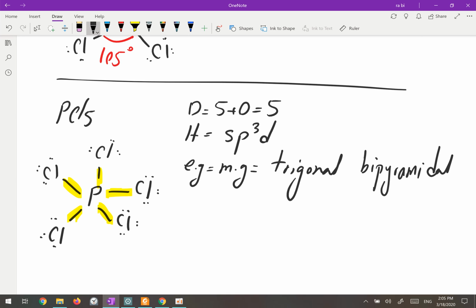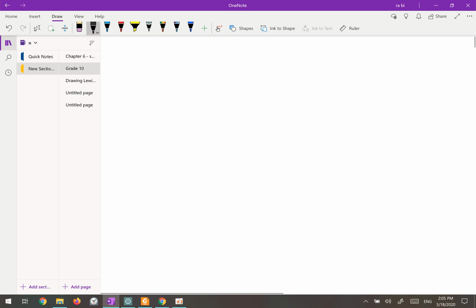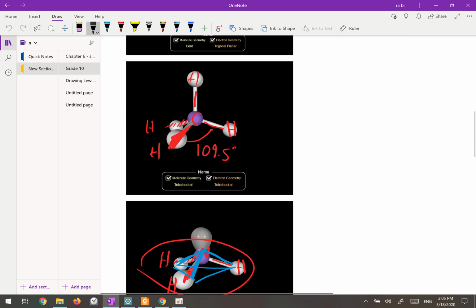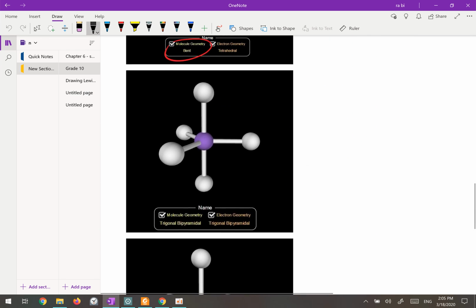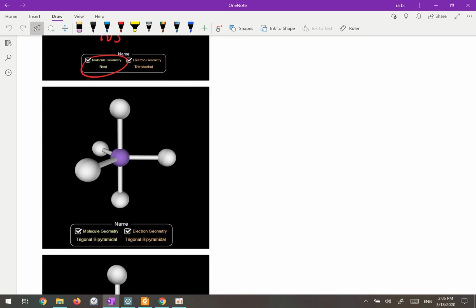The structure of the trigonal bipyramidal you can see here. At the center you have phosphorus, you have 1 bond on the screen with the chlorine, 1 bond at the bottom with the chlorine, 1 bond at the top with the chlorine.